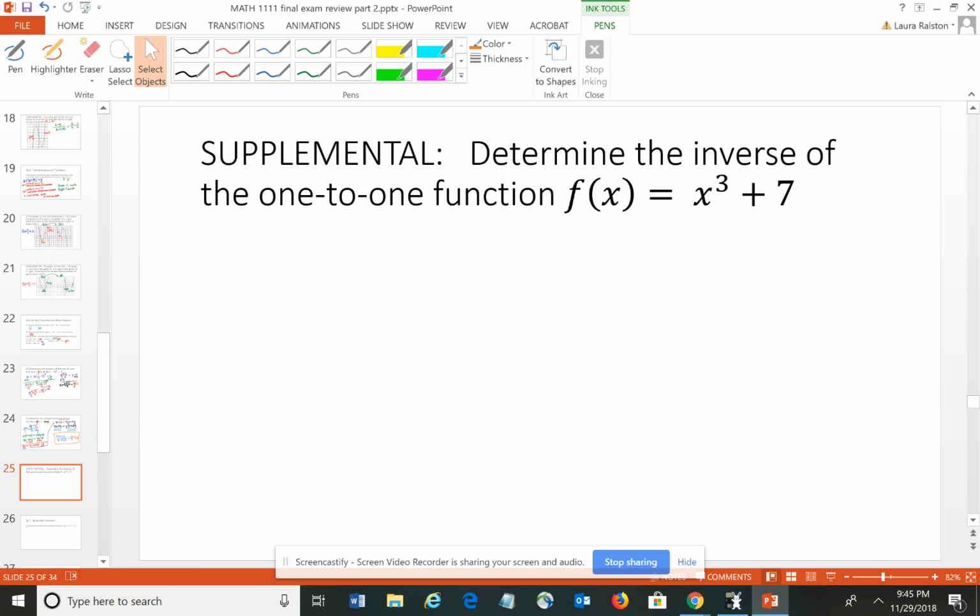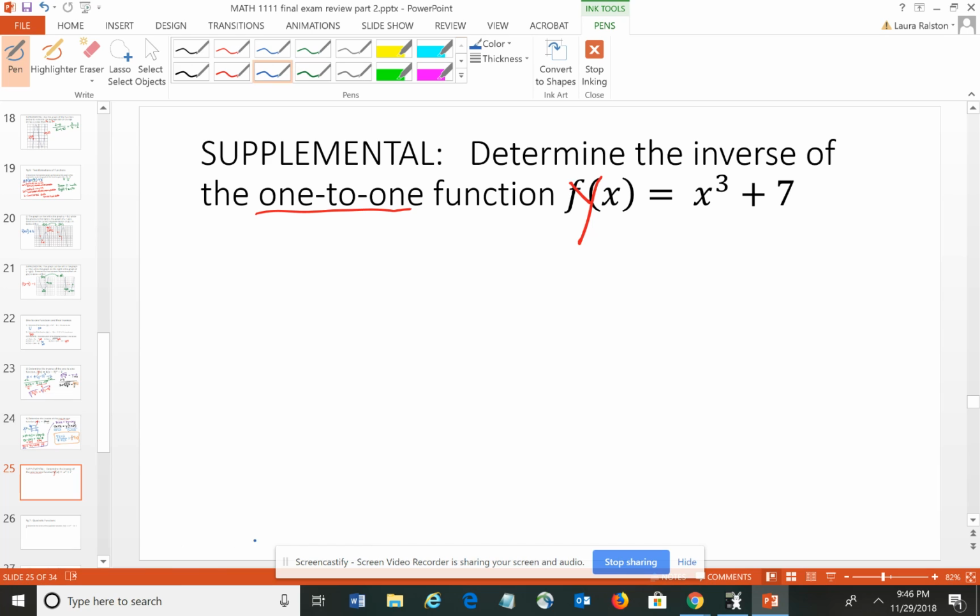Okay, in a supplemental question, again, you're asked, determine the inverse of the one-to-one function, and they give you the function f of x equals x to the third plus 7. Again, notice they do tell us it's one-to-one, so we know an inverse exists, and f of x is the same thing as y.